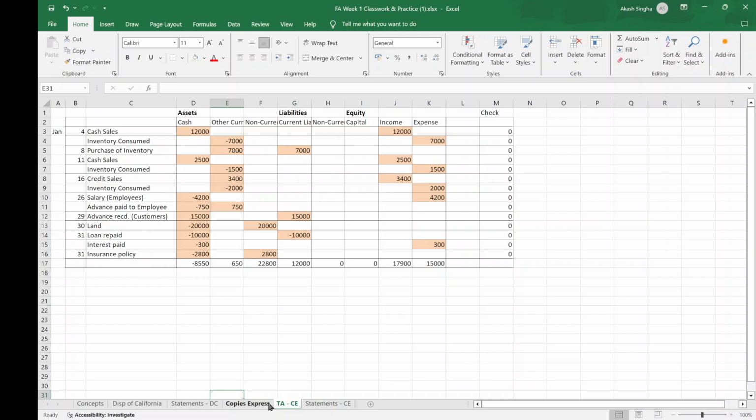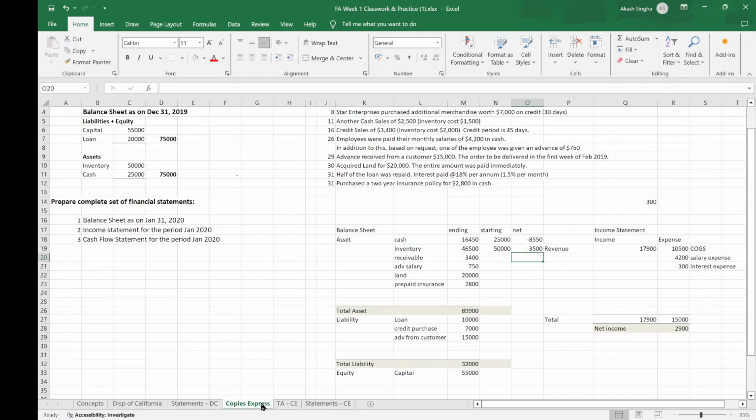Okay, so now we see 8550. Current asset is 650.